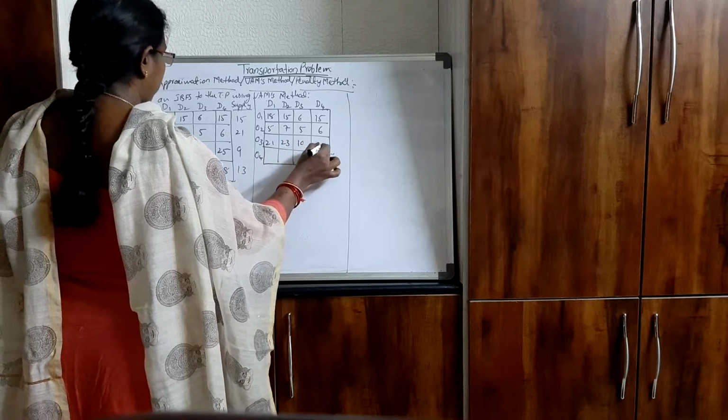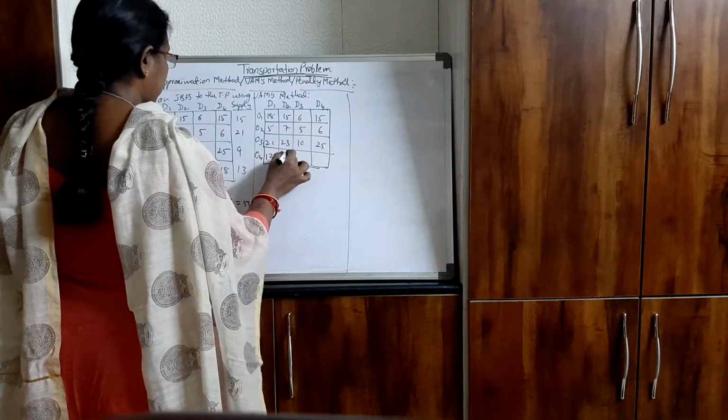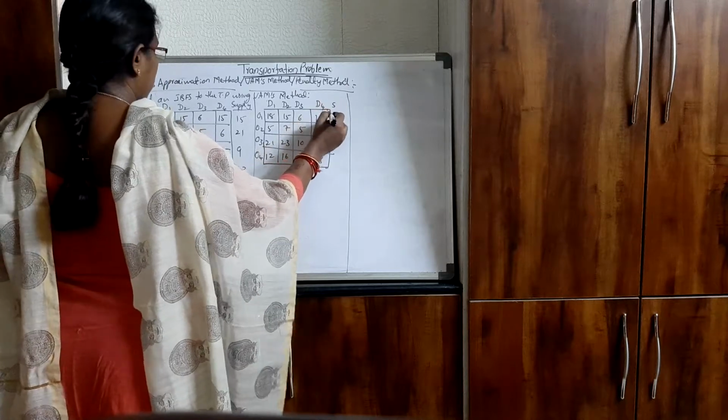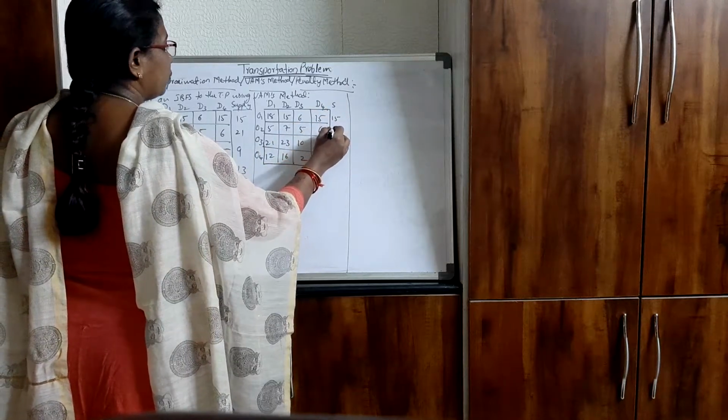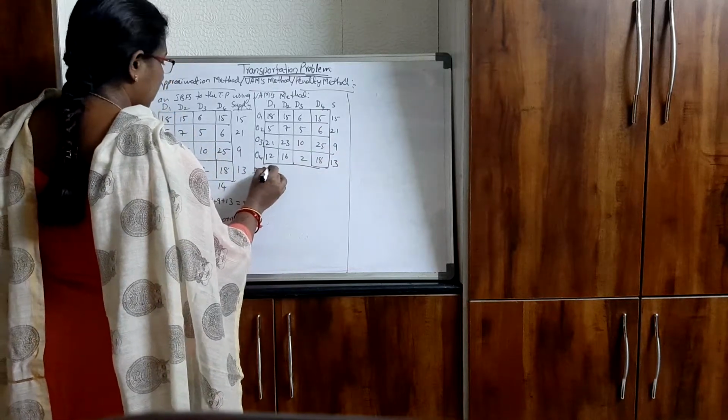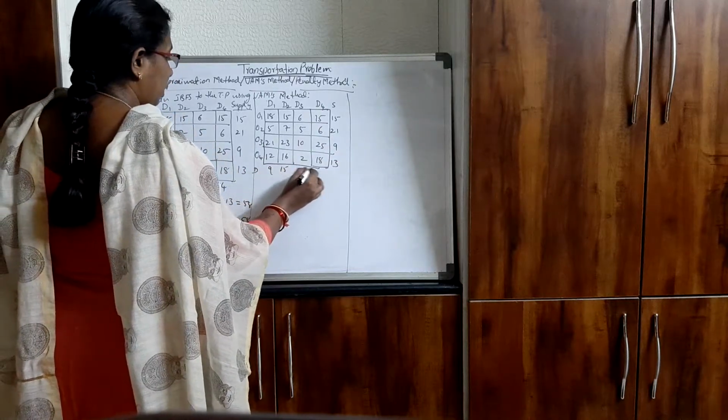So 10, 25, 12, 16, 2, 18. Supply values are 15, 21, 9, 13. Demand values are 9, 15, 20, 14.